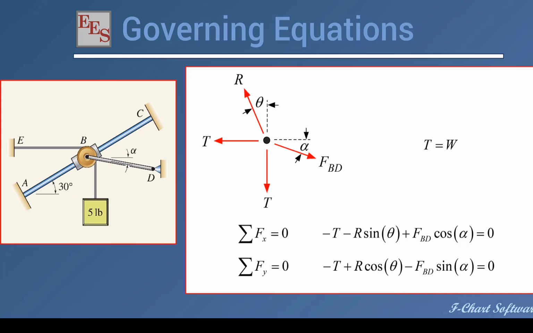And then there's also a force pulling from the cable to the left, and then there is a force from the bar, and that force could be in either direction. I'm going to draw it here as if the bar is pulling on the collar, so that's FBD, and that's at this prescribed angle alpha.